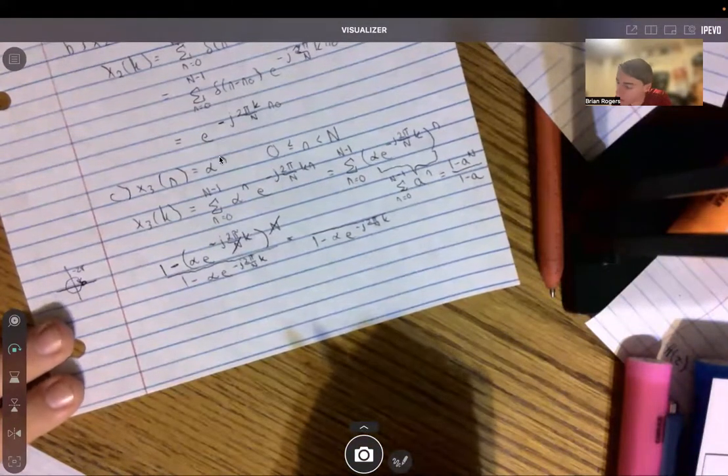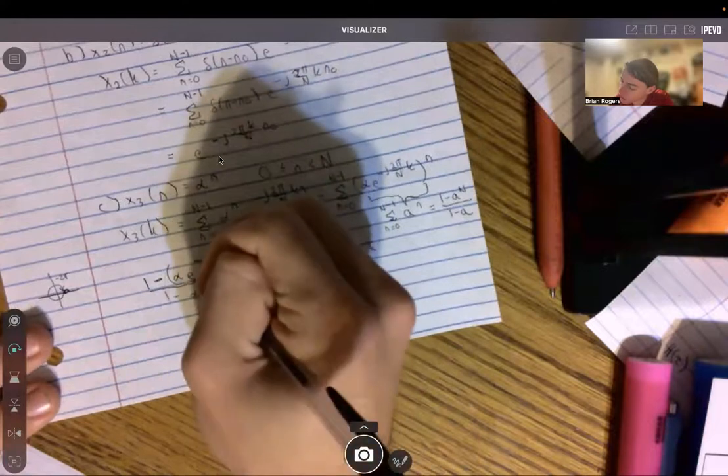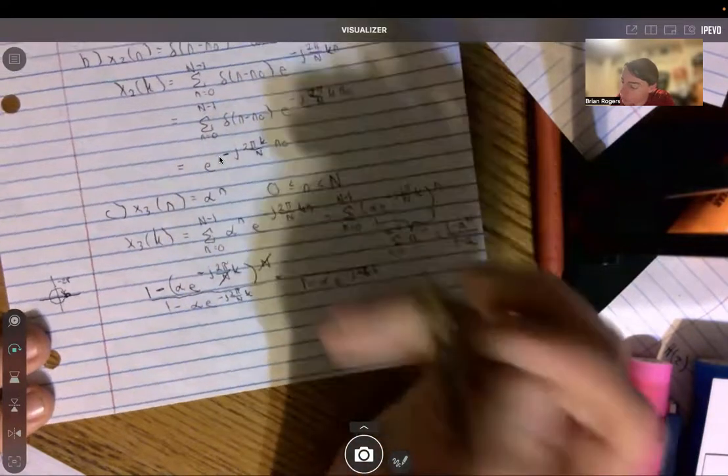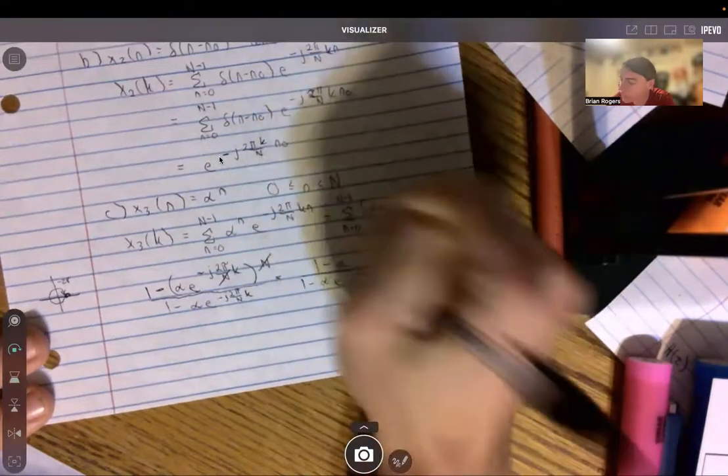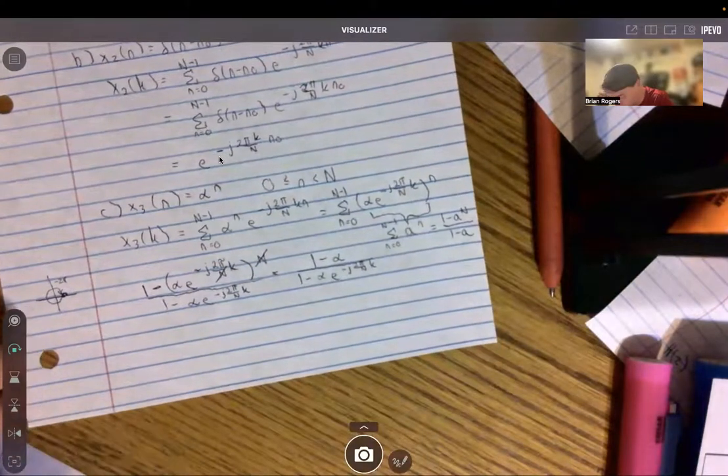So it's going to be 1. So e to negative j 2 pi k is going to equal 1, so it's 1 minus alpha times 1. So your final result will be 1 minus alpha all over 1 minus alpha e to negative j 2 pi k all over N.